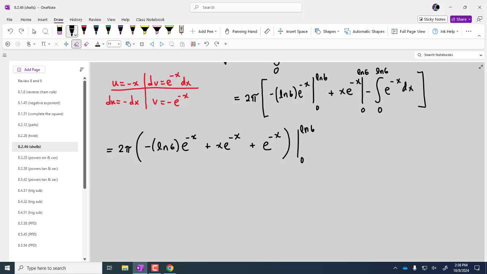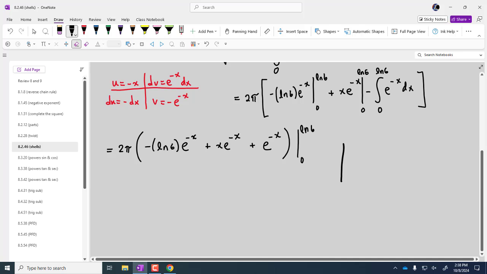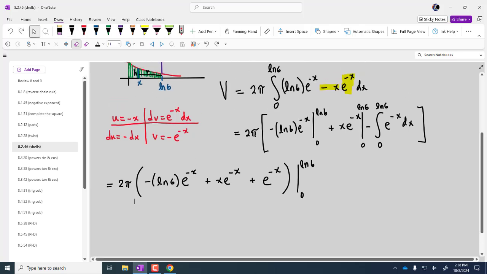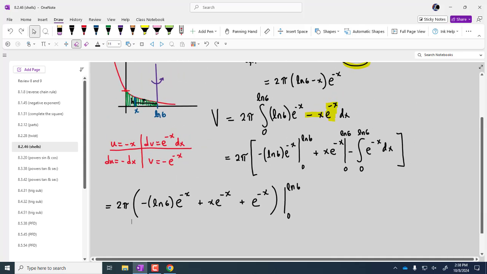So that times that. That was supposed to be plus the integral. So we're integrating that. So uv is right here. That's positive. Minus v du is positive. I see. So that part's going to make this positive inside the integral.